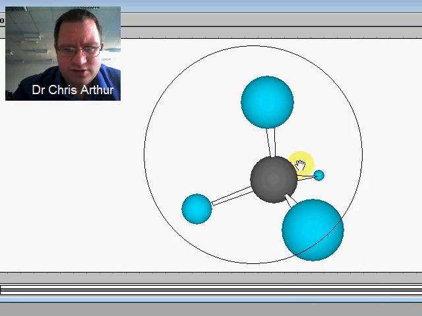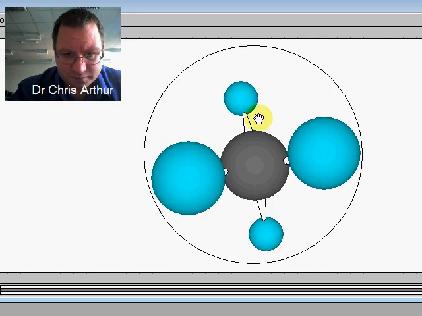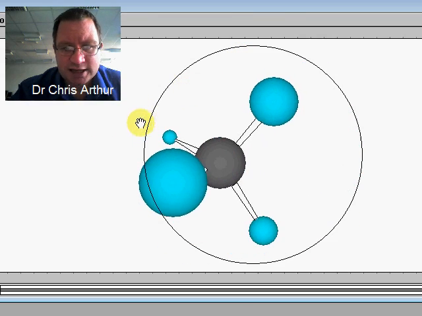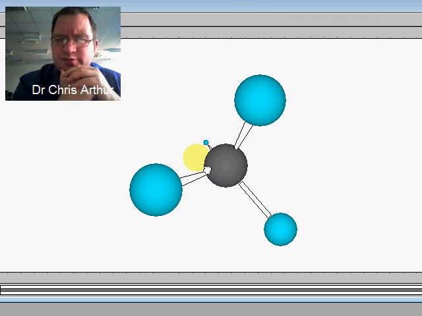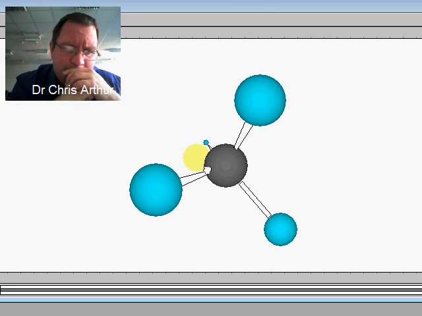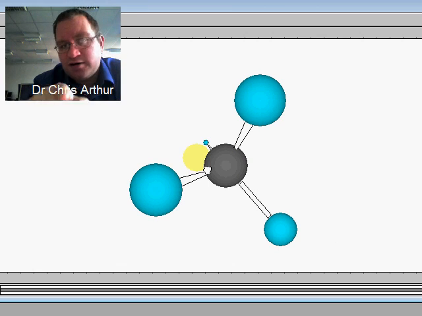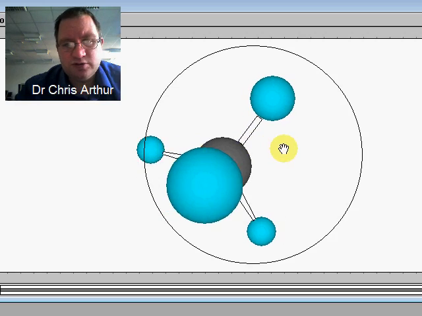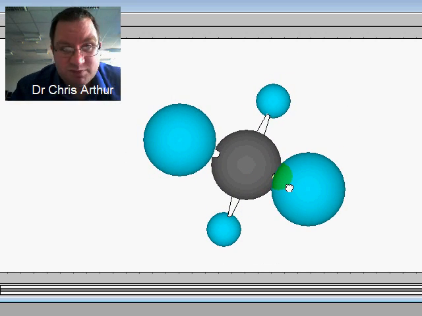That's not what we see though. Instead we get this tetrahedron where everything is equal. And so our atomic orbitals are kind of letting us down a little bit. So how do we reconcile the fact that the atomic orbitals alone don't really explain the bonding of methane, which is probably the simplest organic molecule?